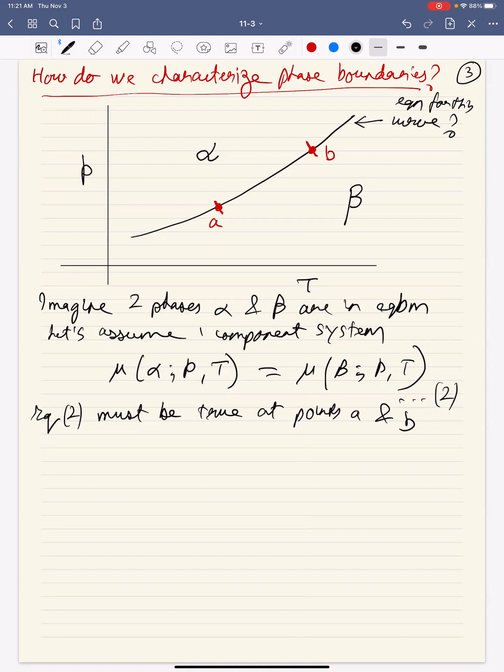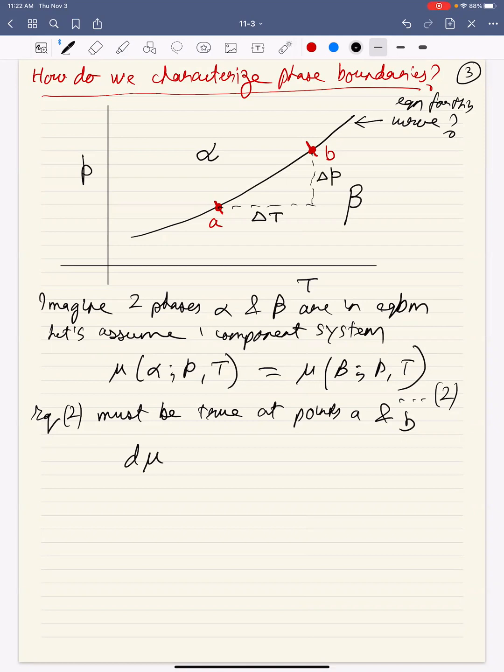So what does this mean? It means that the change that you had as you went from A to B is the same for alpha as it is for beta, right? In other words, d mu, and let's say this is a small change, okay? Let's say we change temperature by delta T, and during this process, pressure changed by delta P, okay?